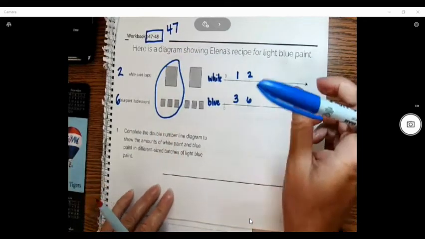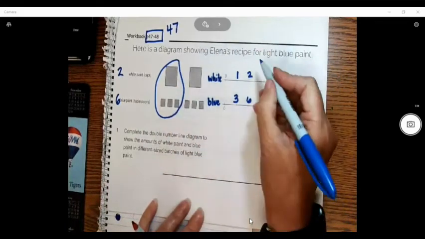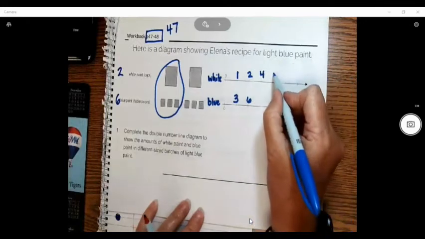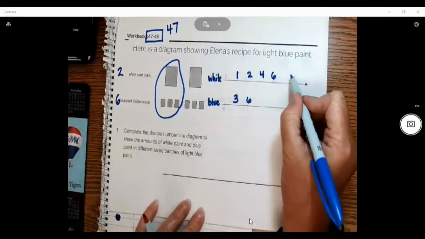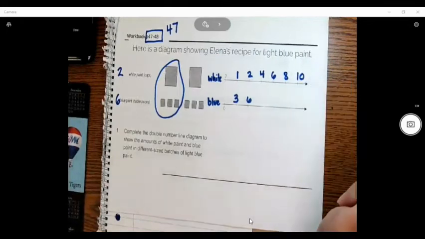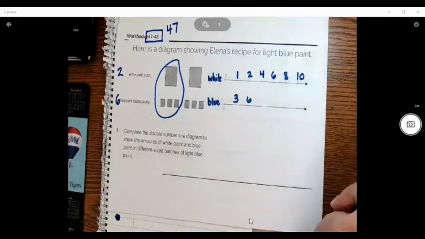All right. Now let's do a whole batch here and let's go with you filling out 4, maybe 6, 8, and let's say 10. So pause the video and see if you can fill that out.